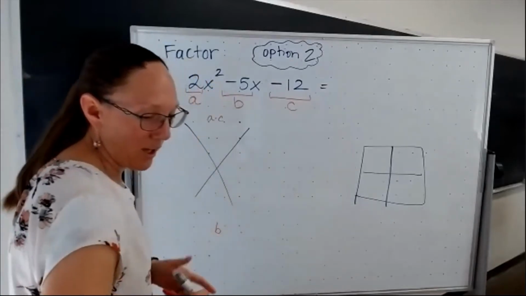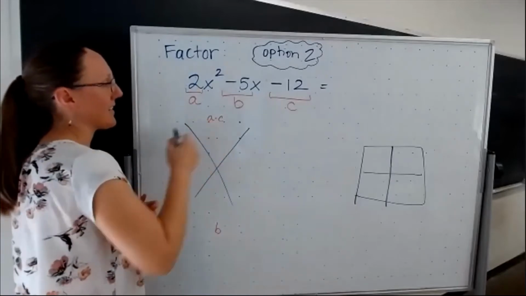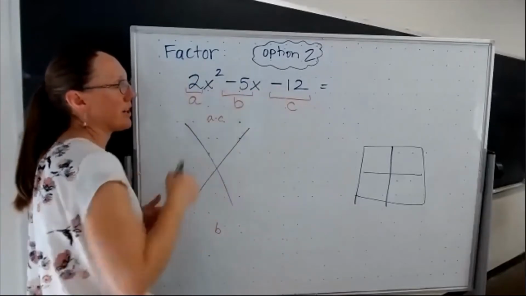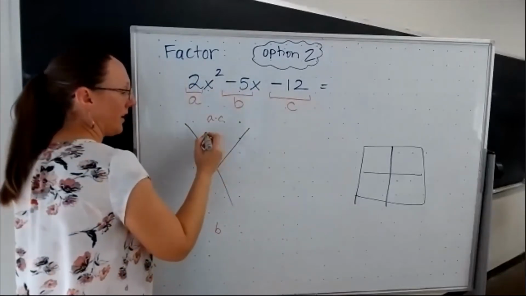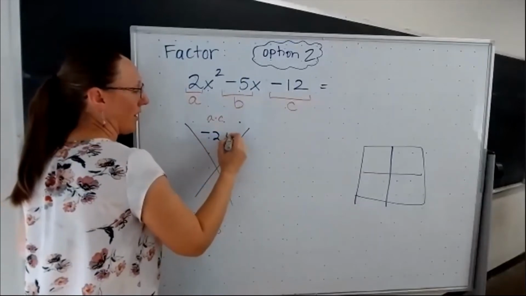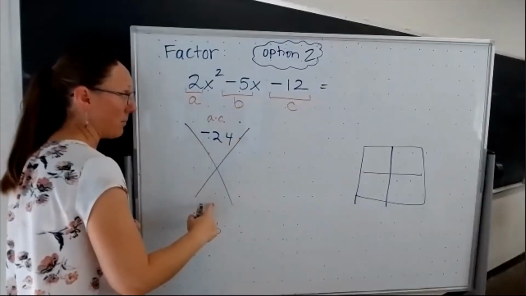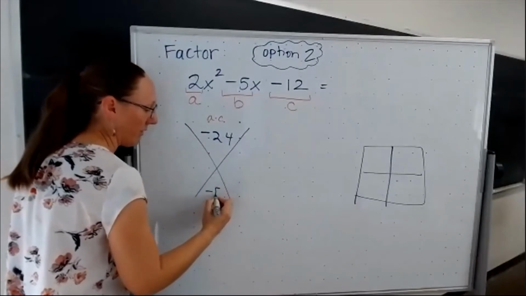So if I'm looking at A times C, I would do 2 times negative 12 and get negative 24. And then my B term here is negative 5.